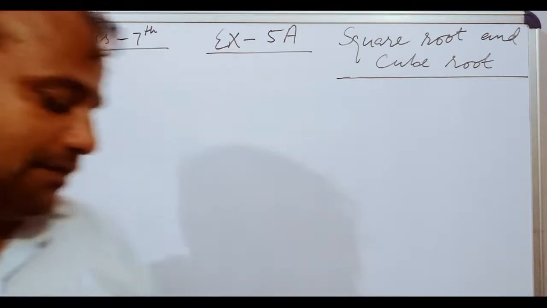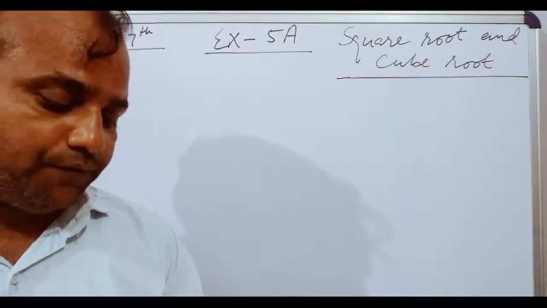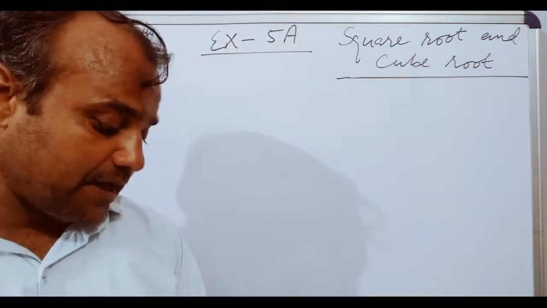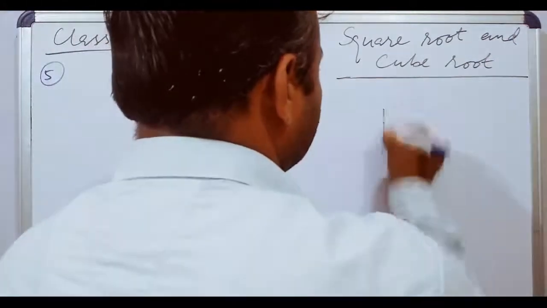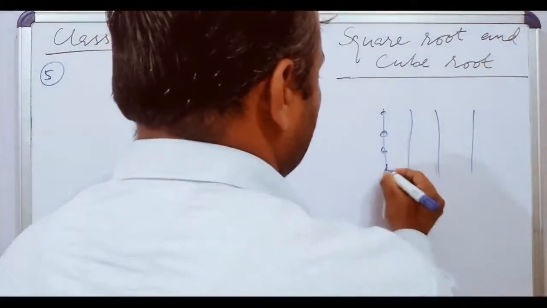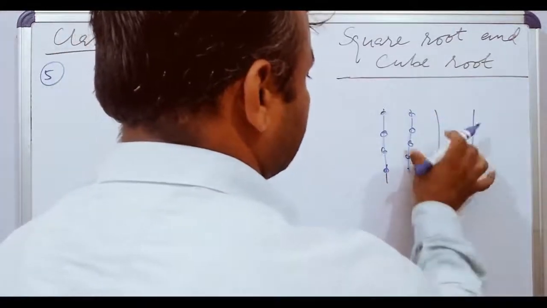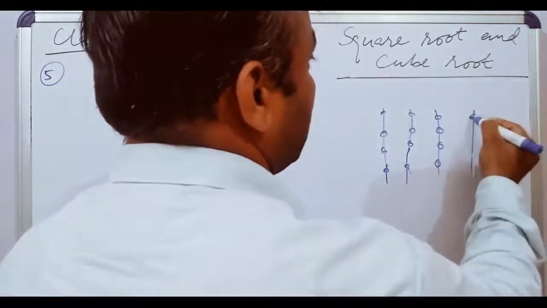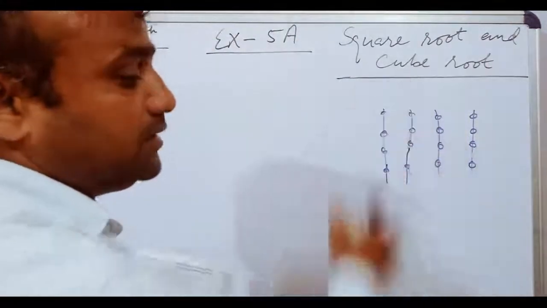A seminar hall has 1764 seats in the form of rows. Each row contains as many seats as there are rows. Suppose that there are 4 rows and in each row there are as many students as the number of rows, so 4 rows and 4 students in each row.